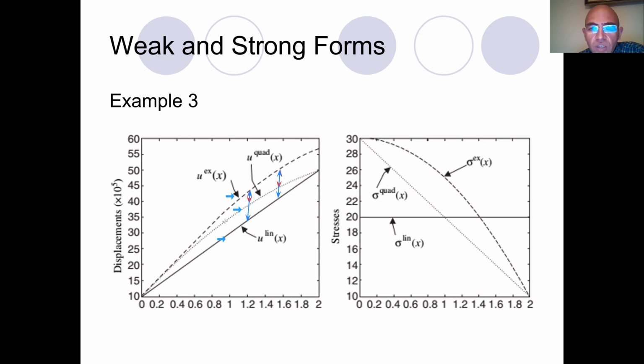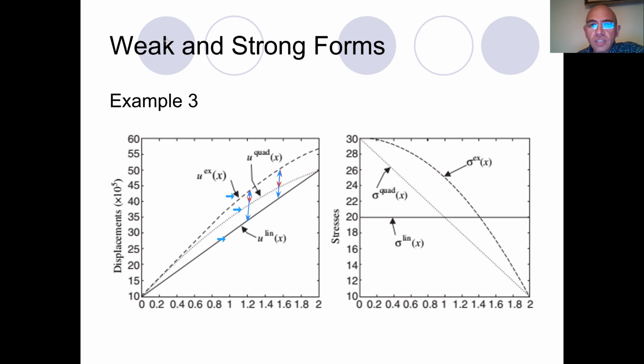So this is why we say that this is a weak form of the problem. This is because the strong form will give us the exact solution in general. In the weak sense, we are approximating the solution. So there is a certain amount of error and we are just pulling the solution towards the exact one.